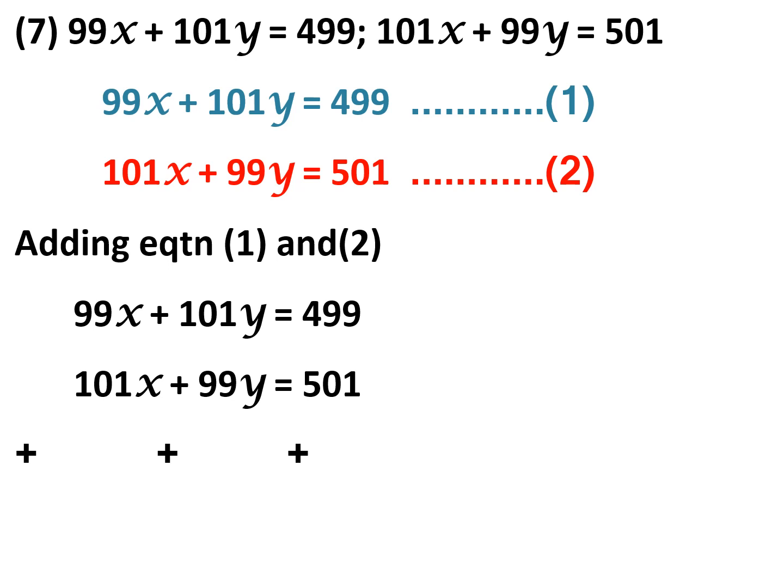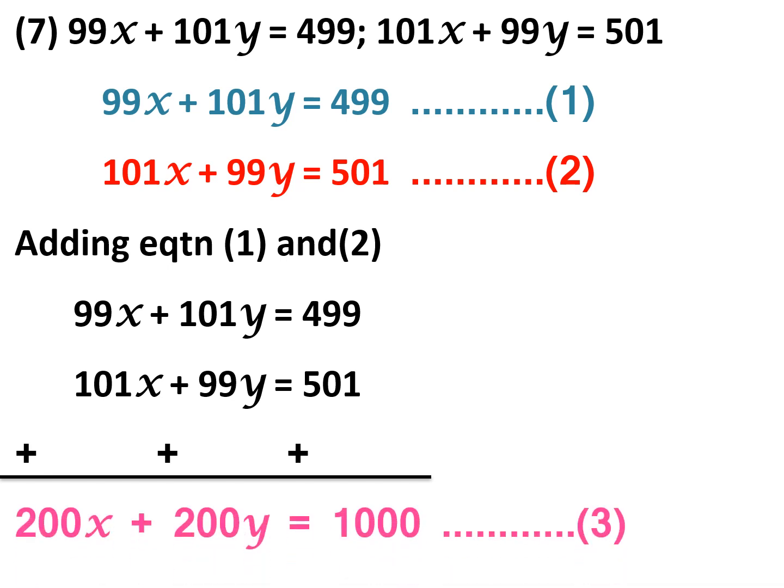Adding equation 1 and 2, I get 99x plus 101y is equal to 499 plus 101x plus 99y is equal to 501. 99 plus 101 is 200x plus 200y is equal to 1000.